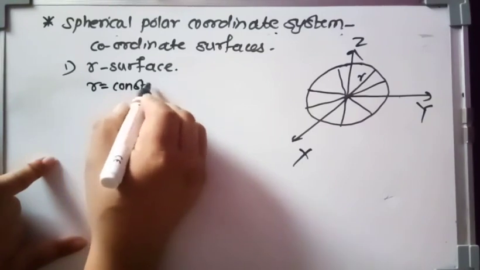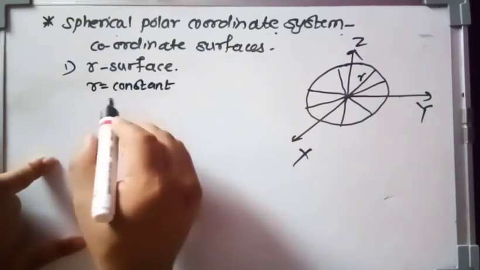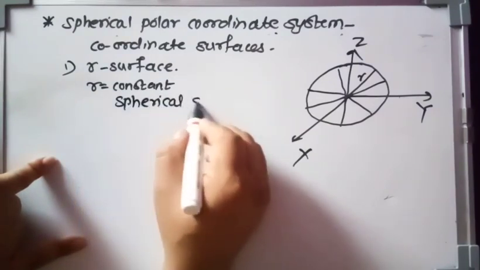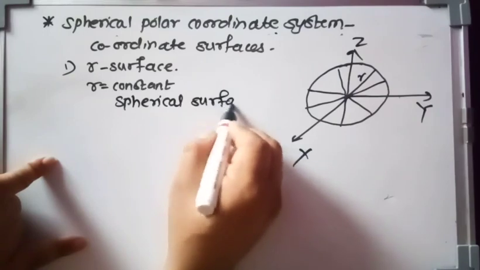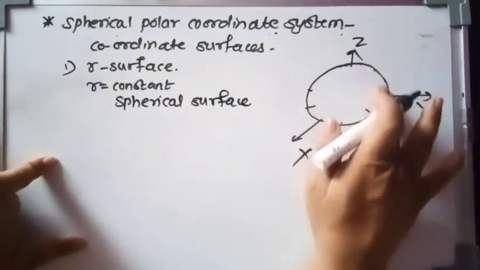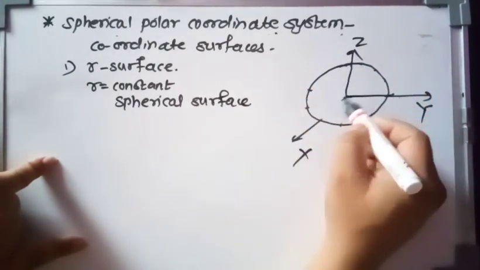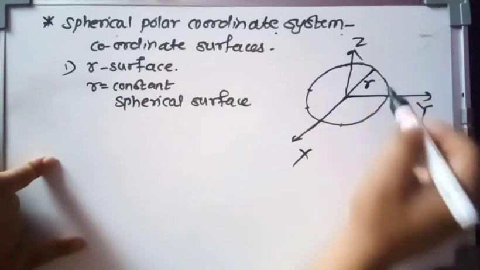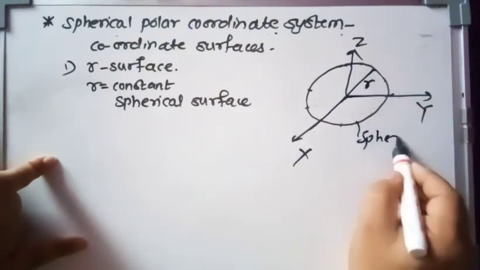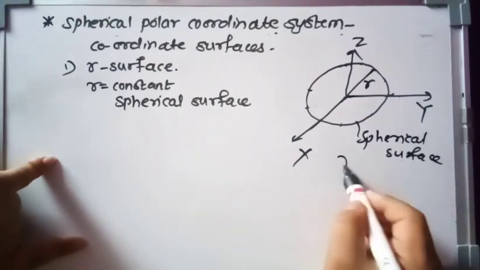This is first surface, R surface, which is spherical surface. You have to draw only a diagram like this.